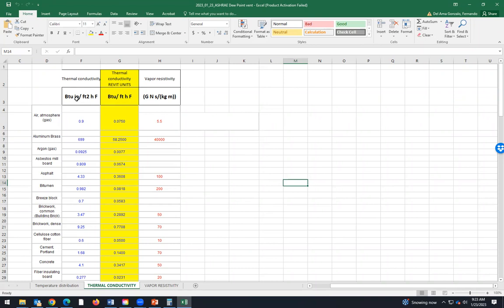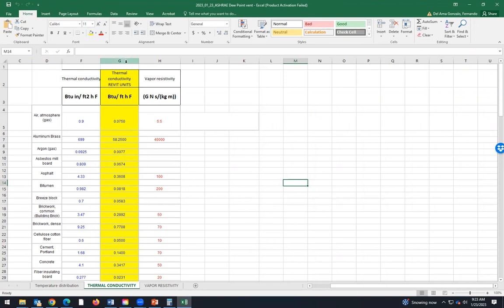What's the difference? Here we have inches in the numerator, feet square in the denominator. Here we don't have inches and we have feet, not feet square. So those are two kinds of imperial units that we are going to use for the thermal conductivity.